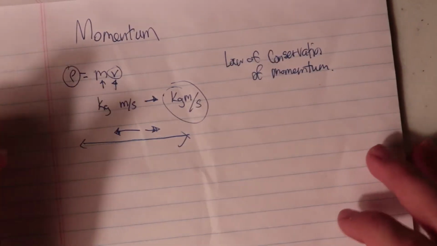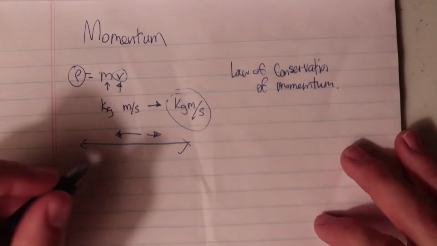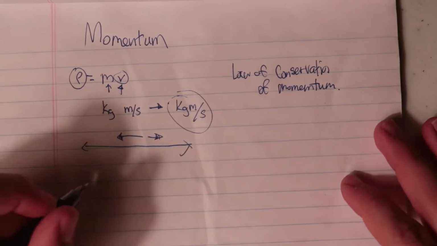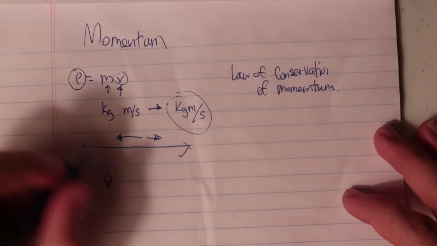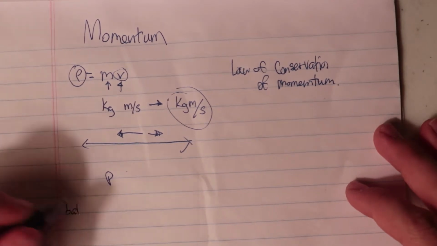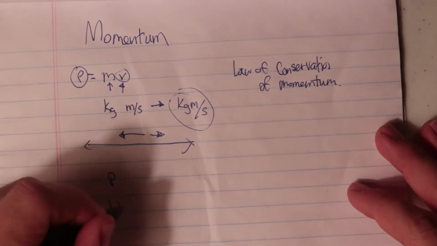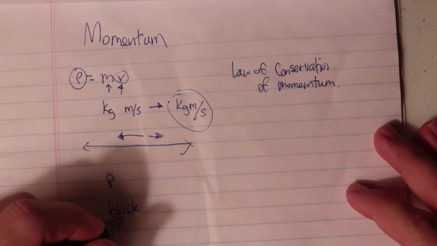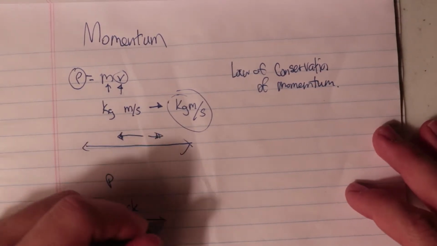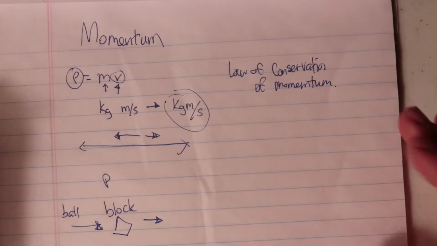Basically, the way that I've used it in class is that the momentum of one thing, so let's say I have a ball and I have a block, and the ball is run into the stationary block. What happens next? Well, we can calculate it out.